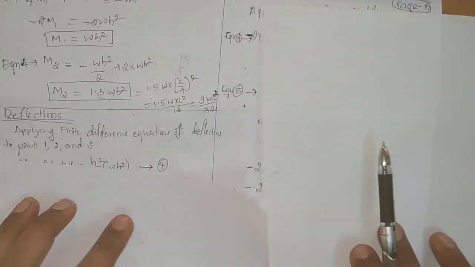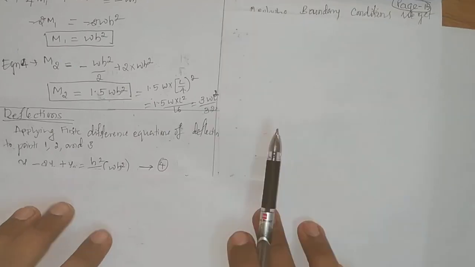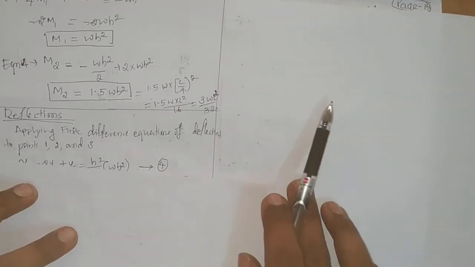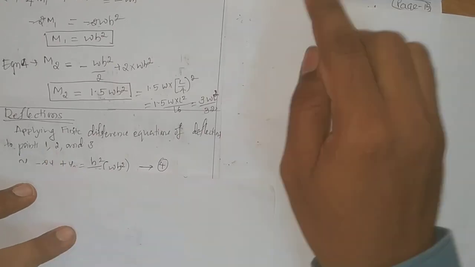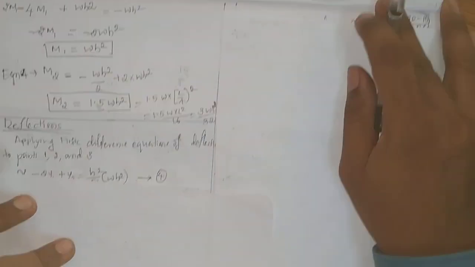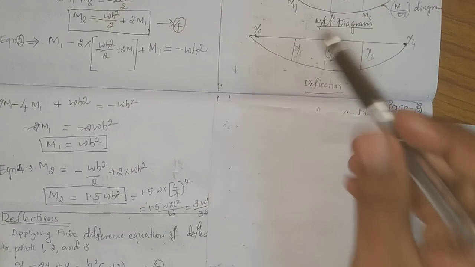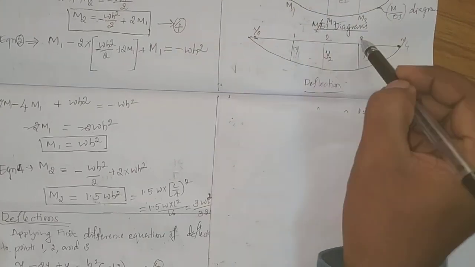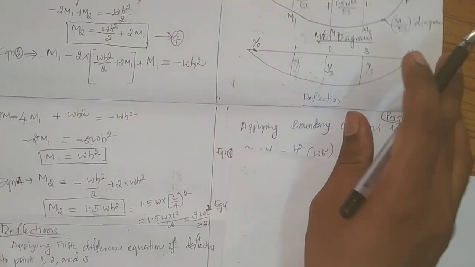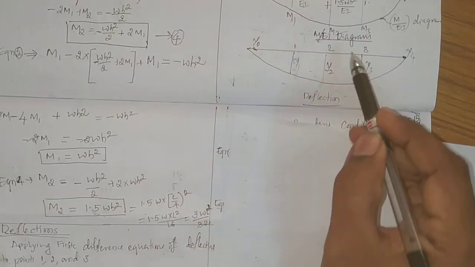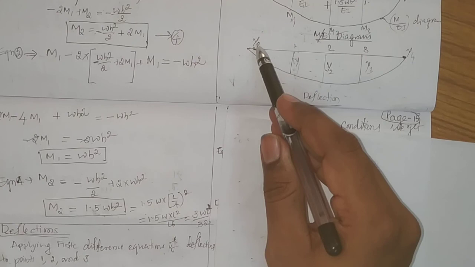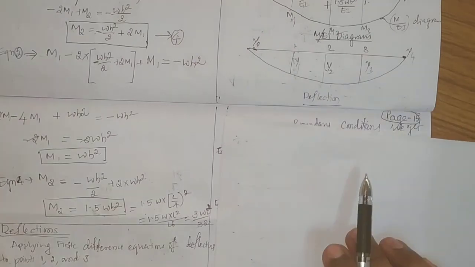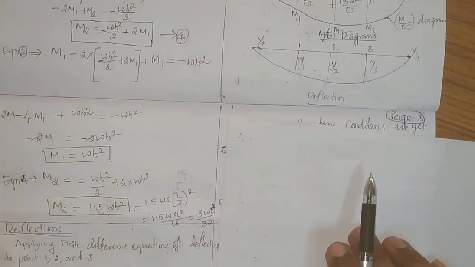So applying the finite difference method, at point number 1, 2, 3, so let this be point number 1, 2, 3, okay. We need to apply the finite difference method at points 1, 2, 3, because anyhow deflection at 0 and 4 are 0 values only, okay.